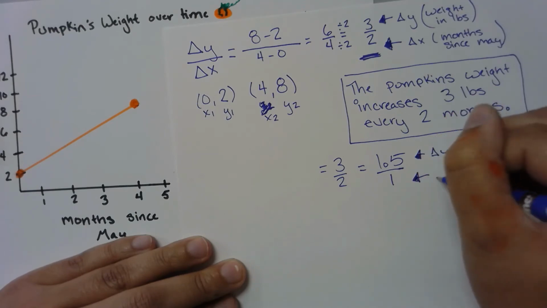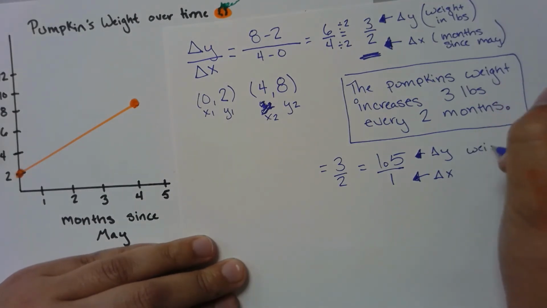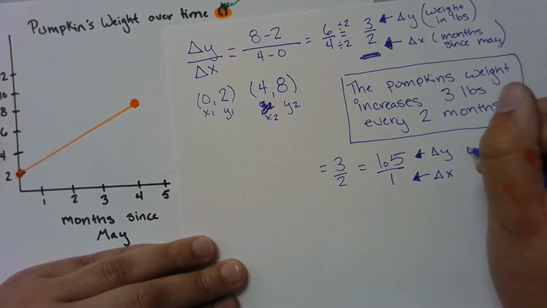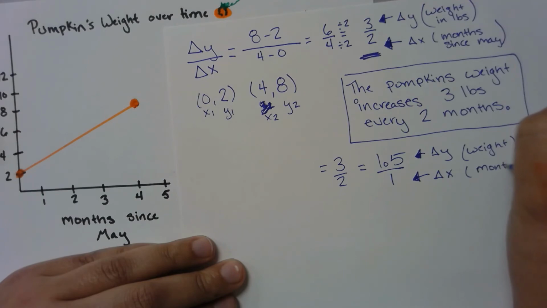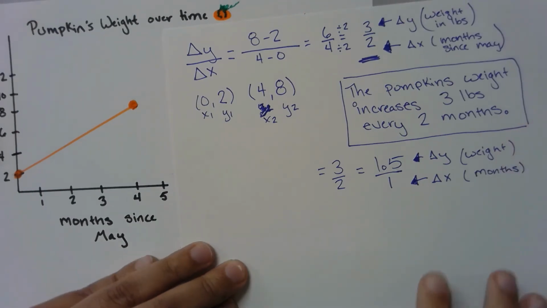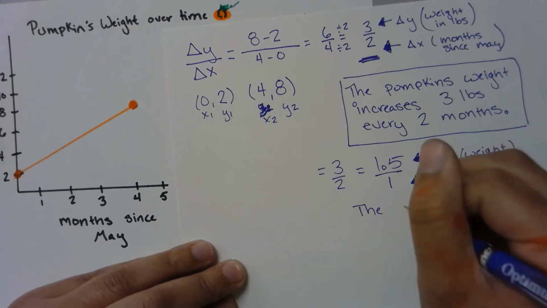Your answer is the same at its core, though. So when you look at this problem, you would have said the weight is 1.5, your change in weight, and your change in months is 1. And so for this student, the answer to their problem would look a little different.